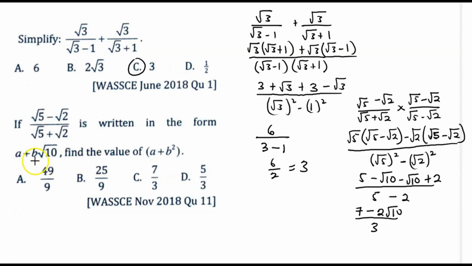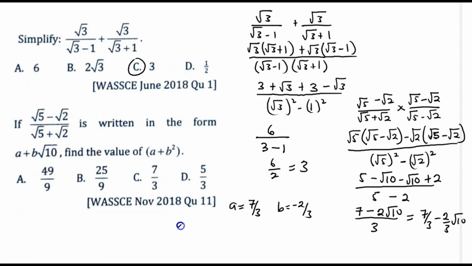So in order to leave the answer in the form a plus b root of 10, we need to split this into two separate fractions, and that will give us 7 on 3 minus 2 on 3 root of 10. Then we can go further to answer our question, meaning our a value is equal to 7 on 3, and then our b value is equal to negative 2 on 3.